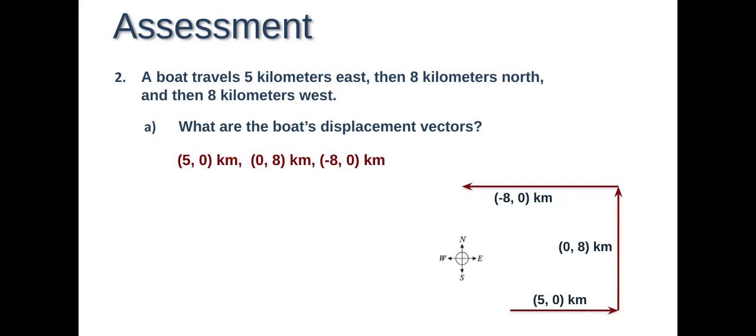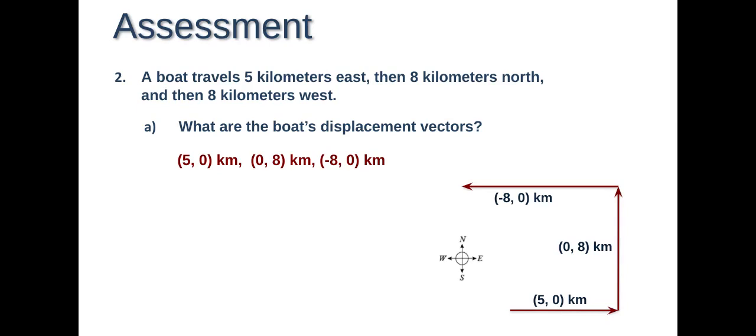Well, our displacement vectors are going to be our coordinates. So 5, 0 to the east. We're going north now, which would be a change in your y-axis. So that would be 0, 8. And then we're going back west, which is a change in your x-axis.